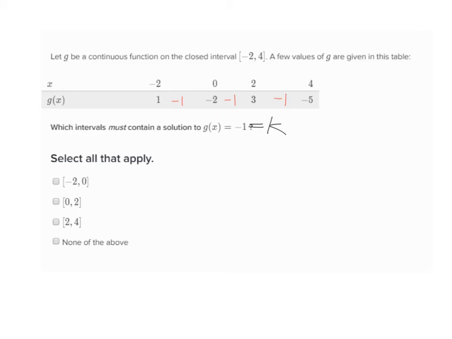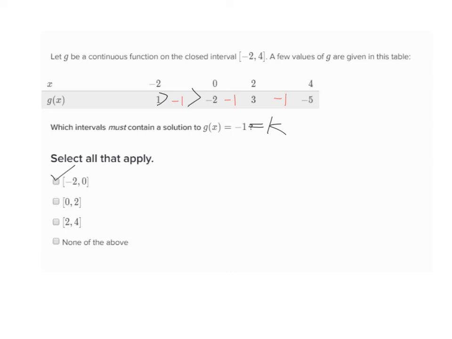And it is, right? Don't we know for certain that -1 is less than 1, and it's also greater than -2? So yeah, it is. So there has to be some x value that I could plug into this function in between -2 and 0 that would give me -1. So I can check off that -2 to 0 is definitely a solution.